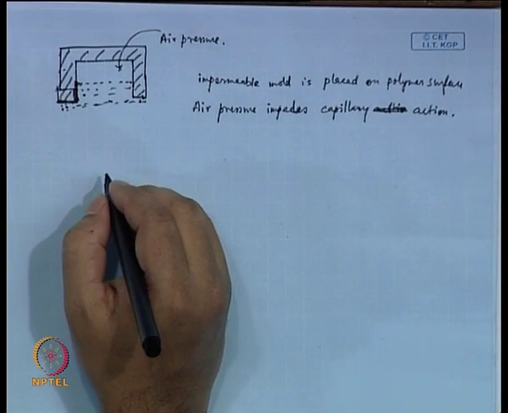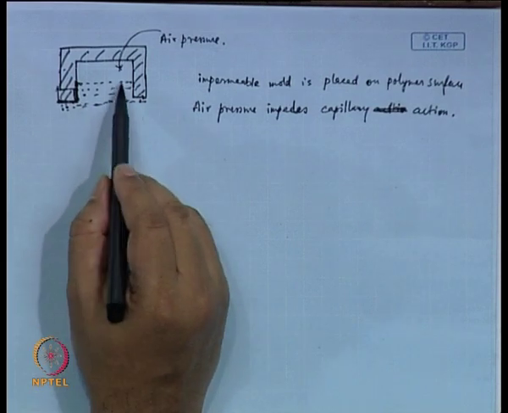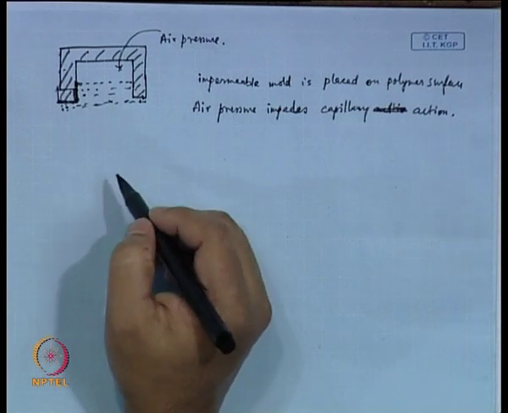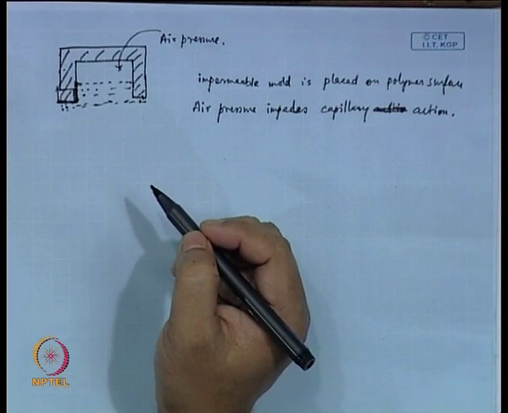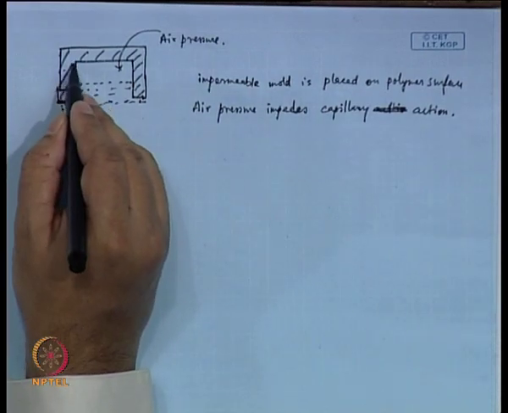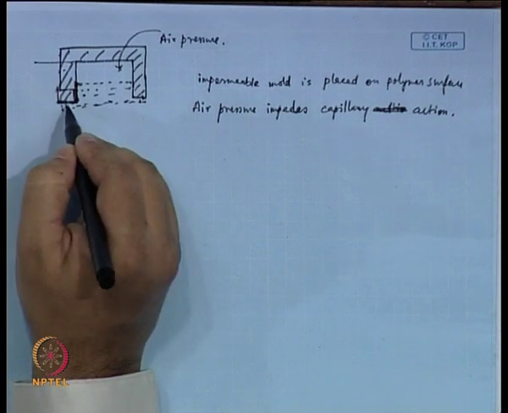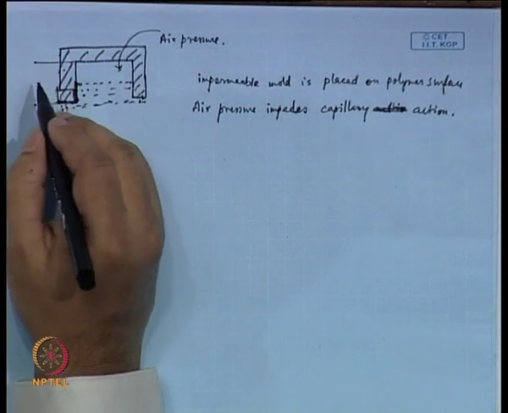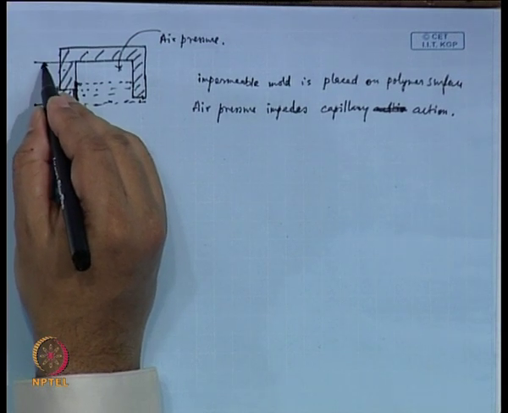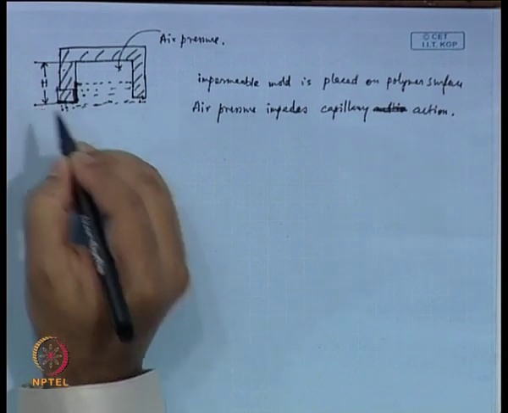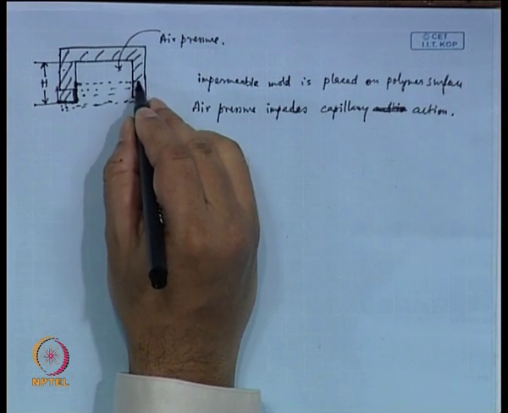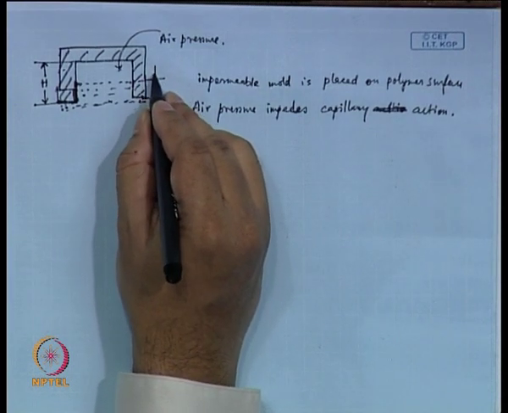Now, one thing you have to understand is that at the beginning, the air pressure in this entire channel was atmospheric. Let us say this height is capital H, and let us say this level is z.